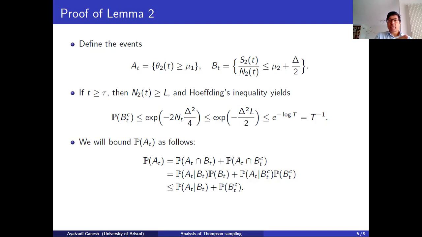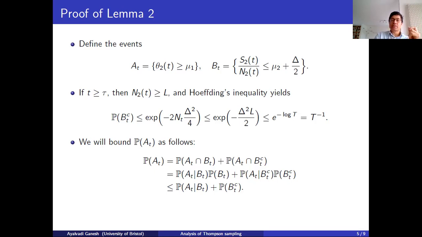This could happen because we observed an unusually high frequency of successes, and therefore the posterior itself is shifted away from the true mean. And by conditioning on BT, we are excluding that possibility. And we are saying the posterior is concentrated not too far from its true mean.